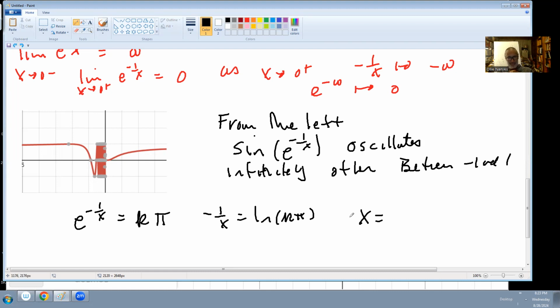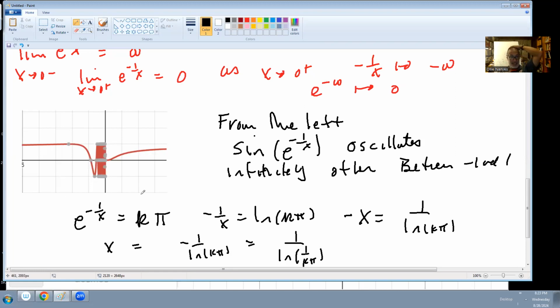So I'll just do minus x is 1 over log of k pi. x is minus 1 over log of k pi. And these things do indeed march to 0. It would be easier without this negative here, all right?